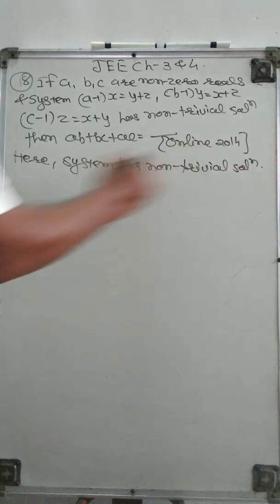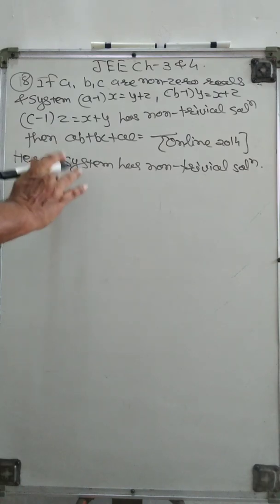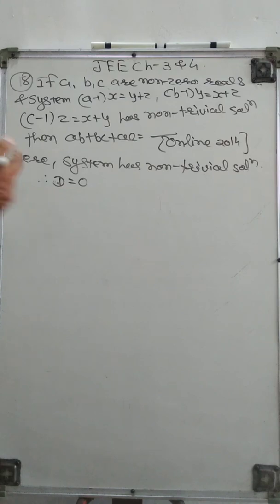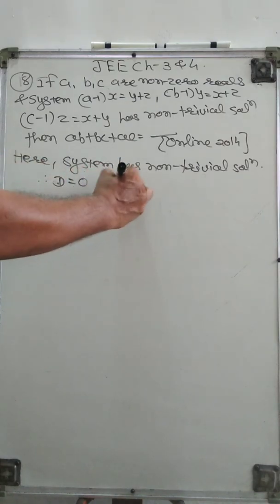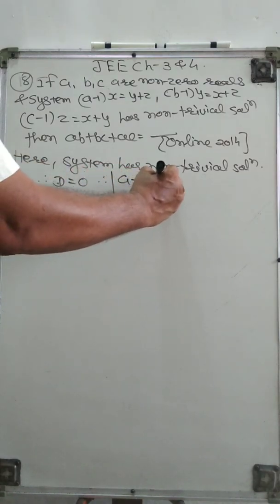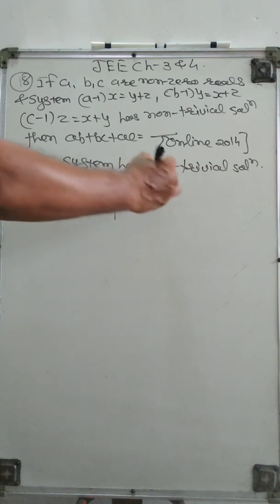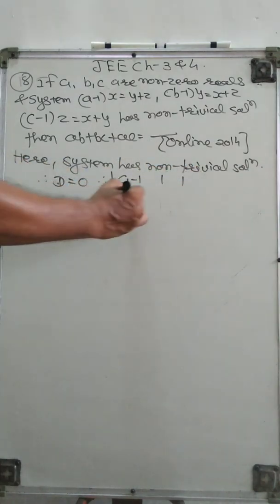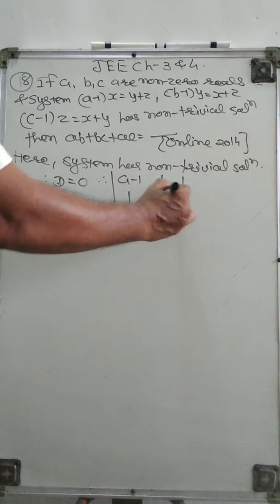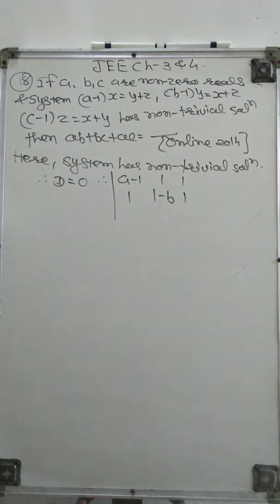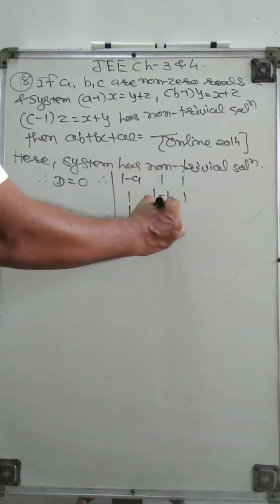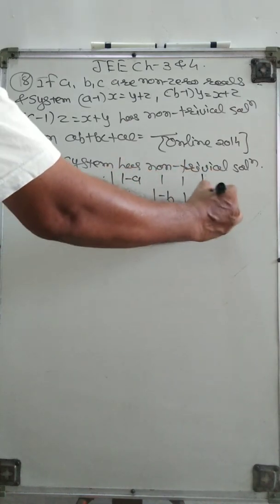solution. Therefore, we can say that D is equal to 0, or D equal to 0 means the determinant with a minus 1, 1, 1, then 1 minus b, 1, 1 minus a, and 1 minus c is equal to 0.